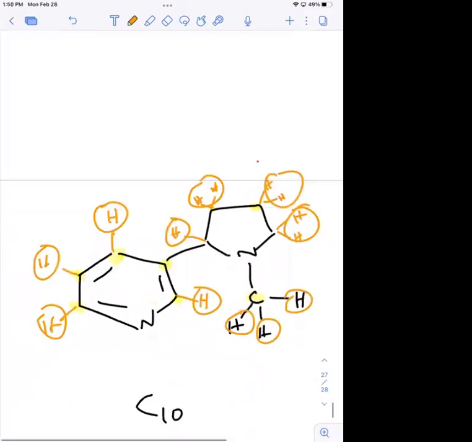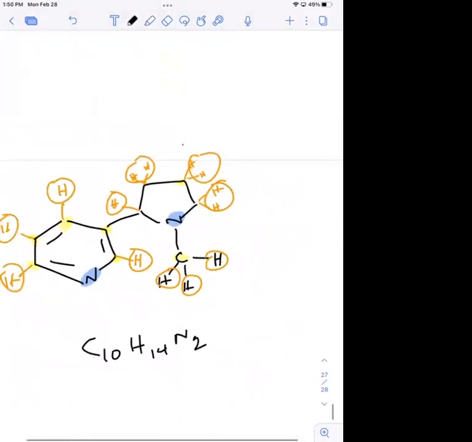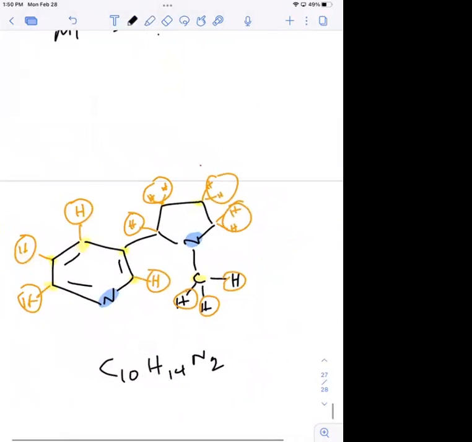So 14 hydrogens. And then of course you can see the nitrogens here and here, which is N2. Right. So this is the structure for nicotine.